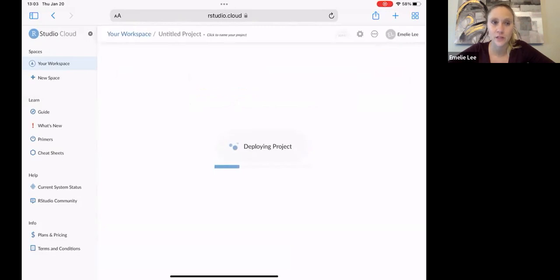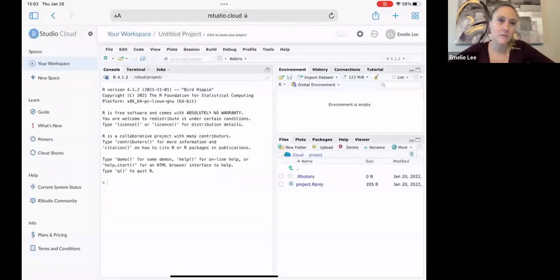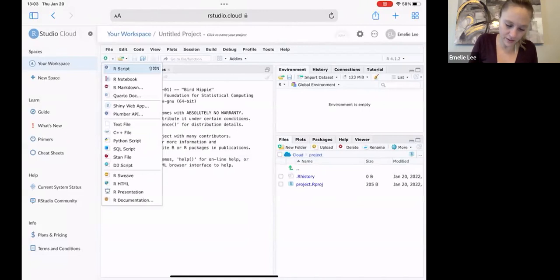Deploying project. My poor little iPad. It's working hard today. Okay. I'm going to start a new markdown file.